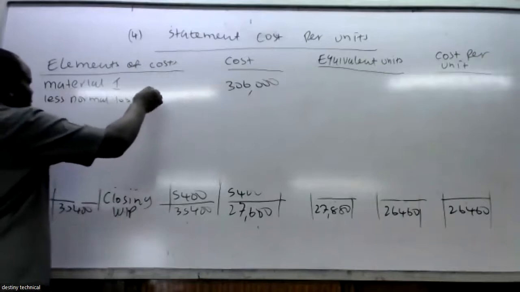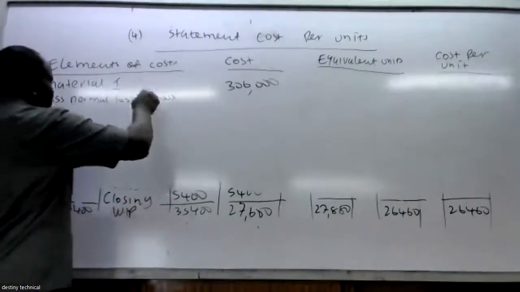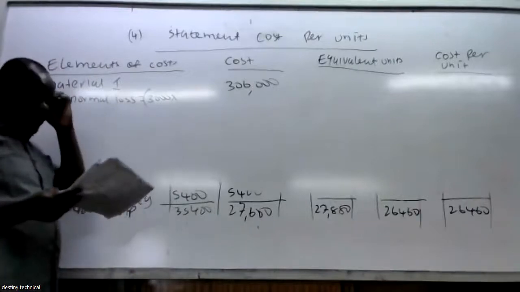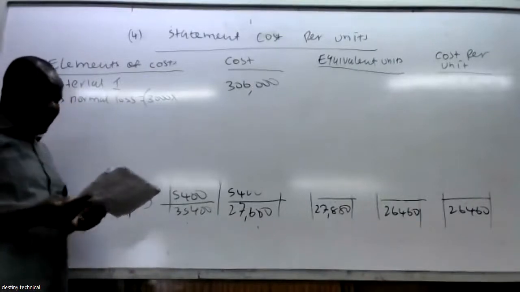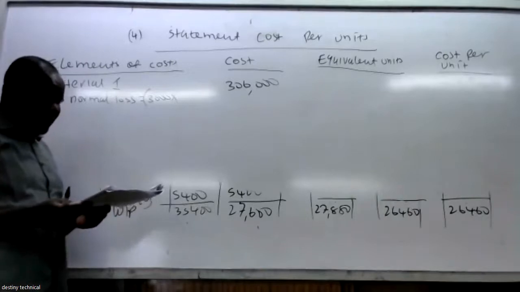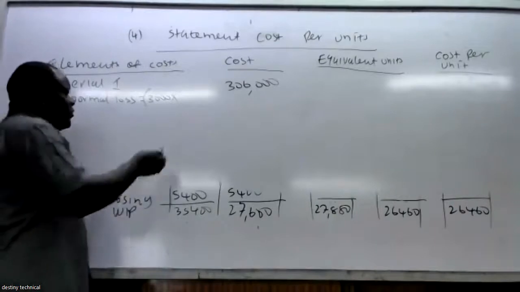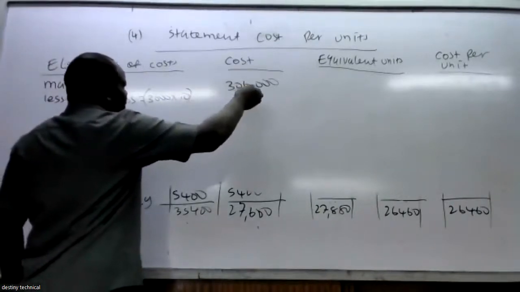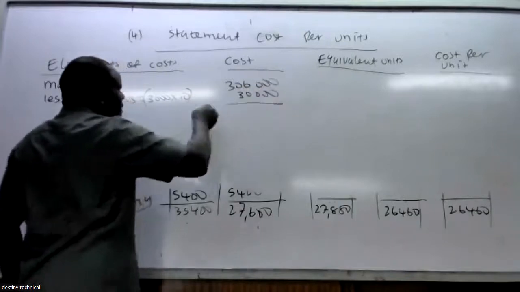Normal loss, you remember, it was 3,000, but it was scrapped in note number 7. Units scrapped were just 10 shillings each, so you scrap them at 10 shillings, which is going to give us 30,000.